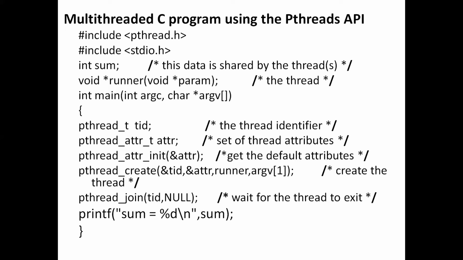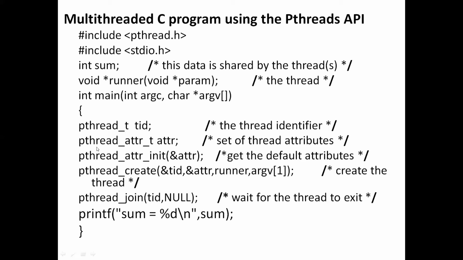To declare that number we have used tid as a variable, declared as type pthread_t, which comes under pthread.h. We declared a thread identifier tid in the first statement.